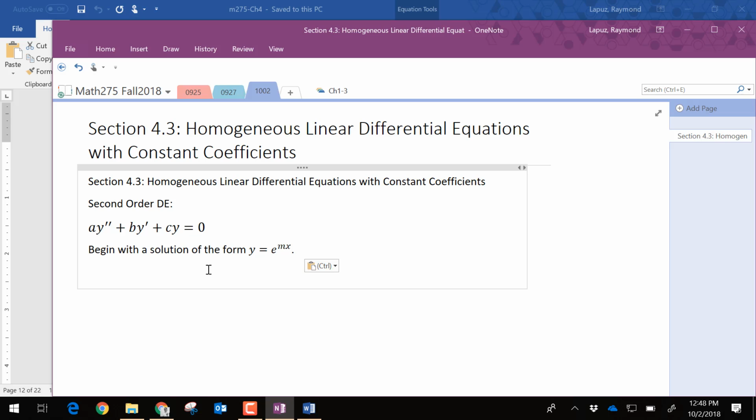And since for now we're dealing with homogeneous differential equations, we'll set it equal to 0. The way we're going to do this is we're going to start by assuming, as we've done before, that your solution is e to the mx. So that's what we'll start with, and then we'll see what we get.